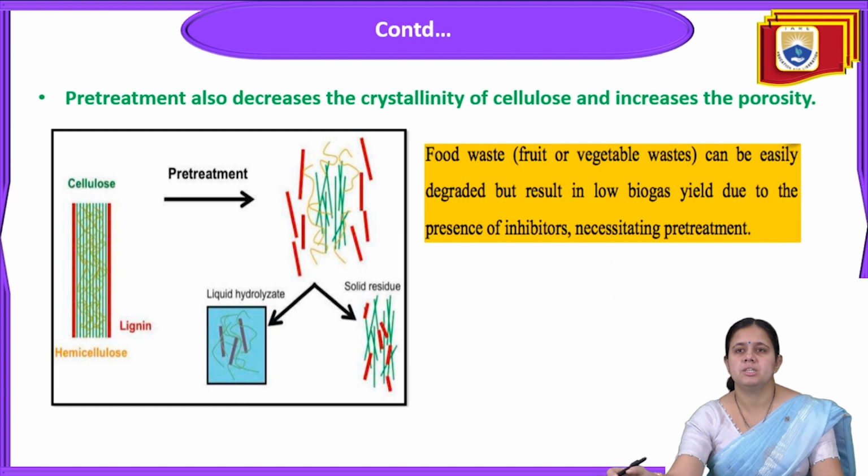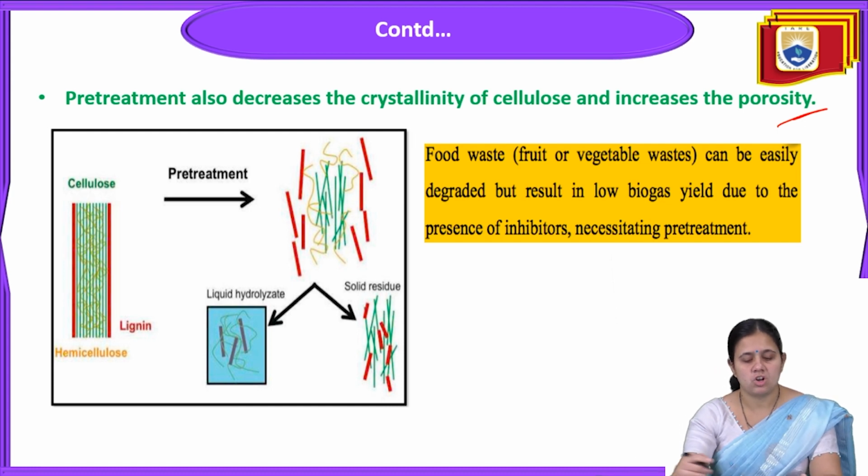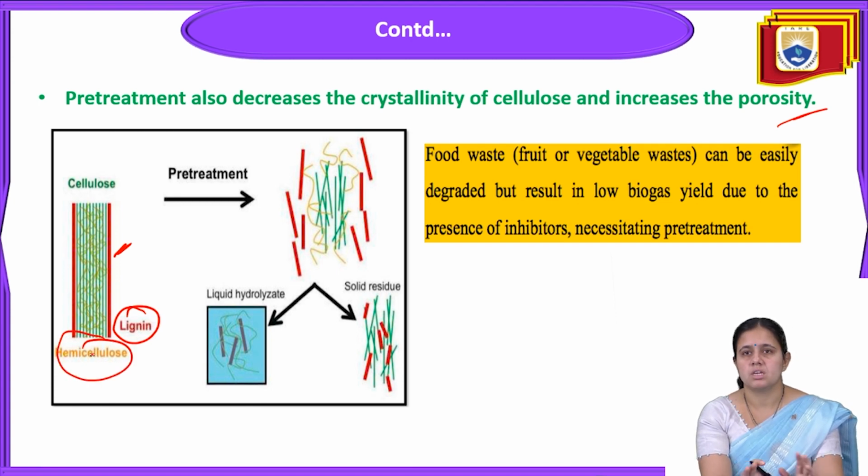Next, the pretreatment also decreases the crystallinity of cellulose and increases the porosity. You can see that this is the picture of cellulose. Lignin is there and hemicellulose is there. The pretreatment process will break down the crystallinity of cellulose.